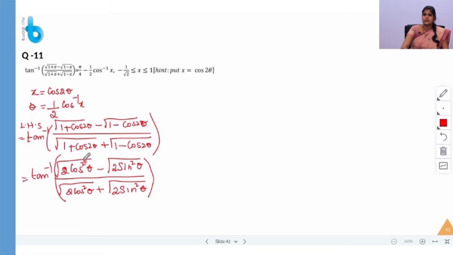Now the LHS is equal to tan inverse of, see, square root of 1 plus x is root 2 cos theta minus square root of 1 minus x, which is root 2 sin theta. Okay, now it is theta here.